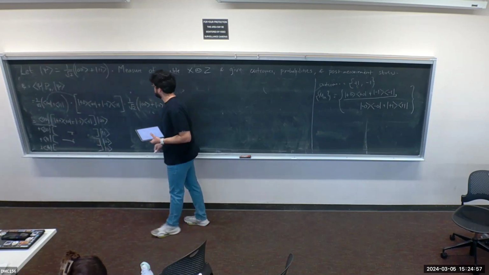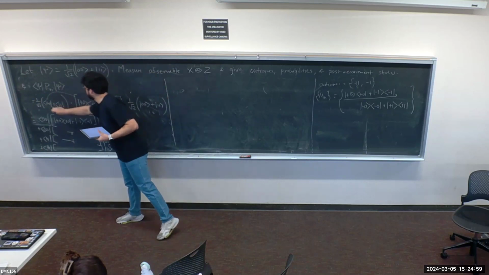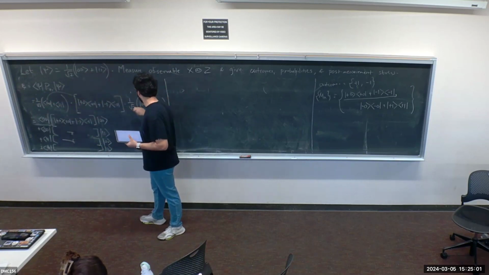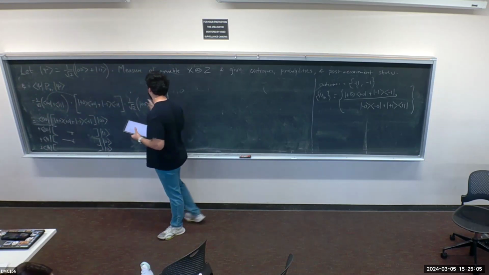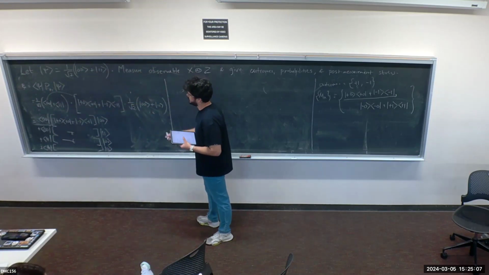So you will get 4 terms. This 0 0 multiplying the whole operator, then 0 0 and 1 1, 1 1 and 0 0, and then 1 1 and 1 1. And now we just have to expand each term individually.